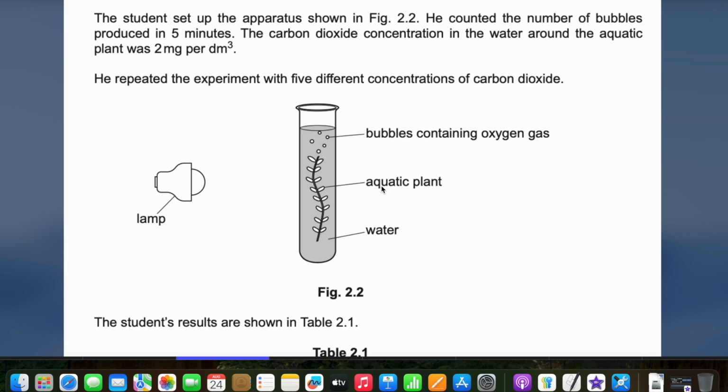Another thing that he needs to keep in mind is the size of the plant. We know that the larger the plant is, the more bubbles it will produce because the rate of photosynthesis will be bigger. And vice versa, the smaller the plant is, the smaller the number of bubbles will be. So size as well as the type of the plant should be kept the same.